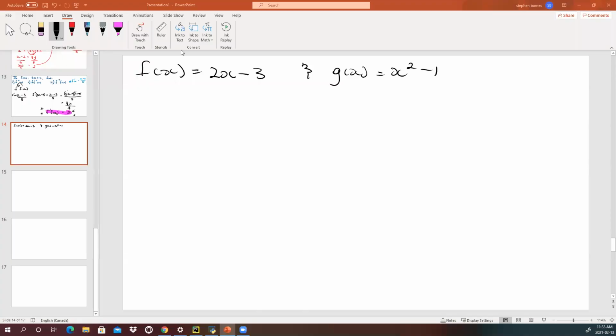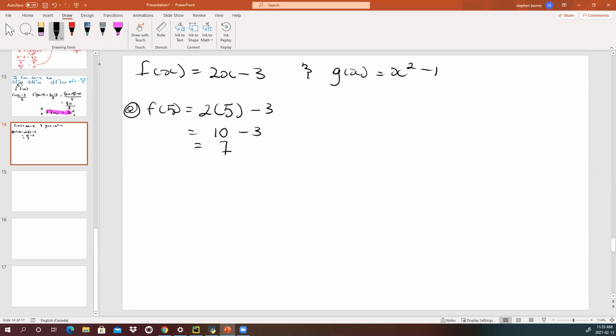So we're given the function f of x and g of x, and we're first asked to find f of 5. All right, so f of 5 would be 2 times 5 minus 3, because the f function is 2x minus 3. 2 times 5 is 10, minus 3, so that answer would be 7.